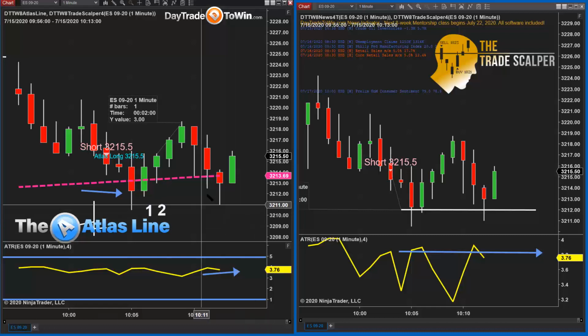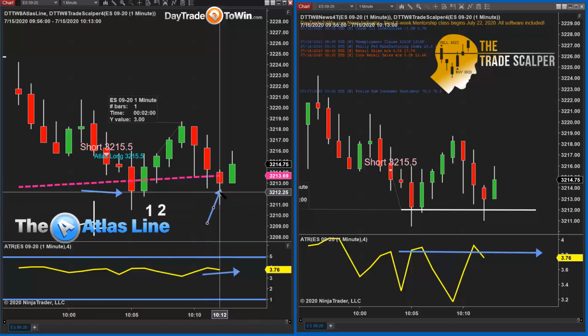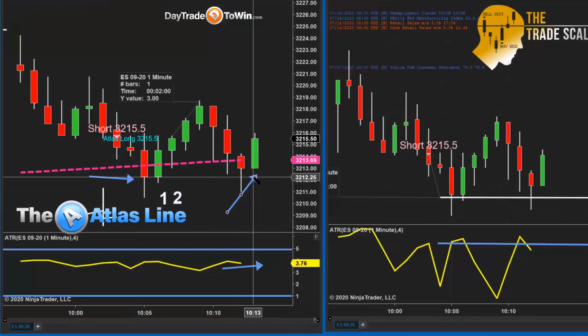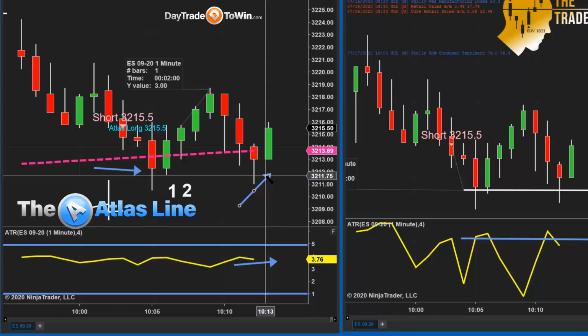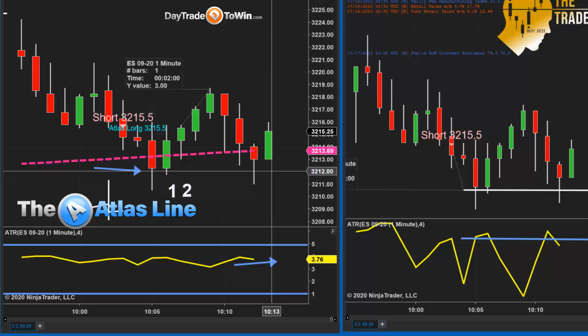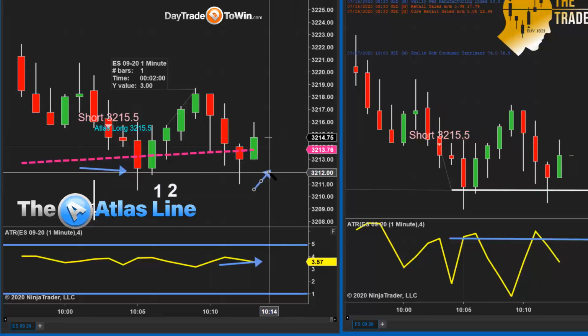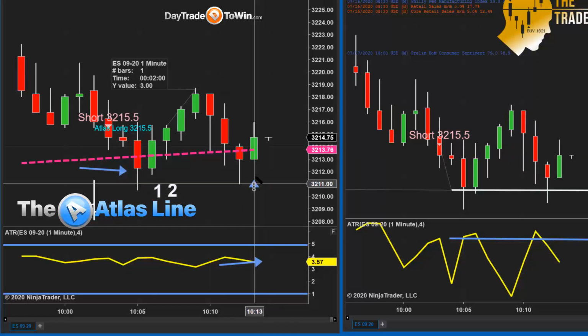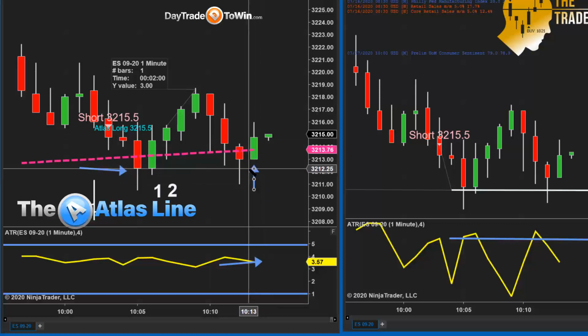Now, for the Atlas line, this resets it. So you see how this red candle closed below. If we have another candle that closes below, you'll see a short signal to go short at whatever closing price bar number 2 happens to be, but it seems as if we may have another flip-flop or a long where it closes back above.